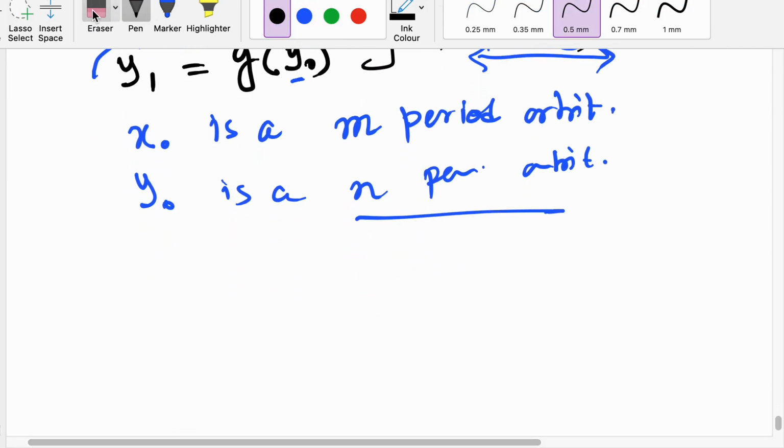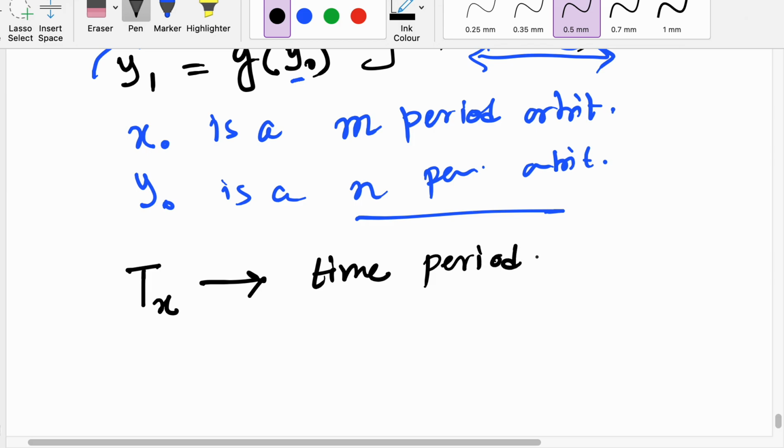Now instead of the nth period, we can say that after time tx, which is the time period of x oscillation, it will return to its original state.